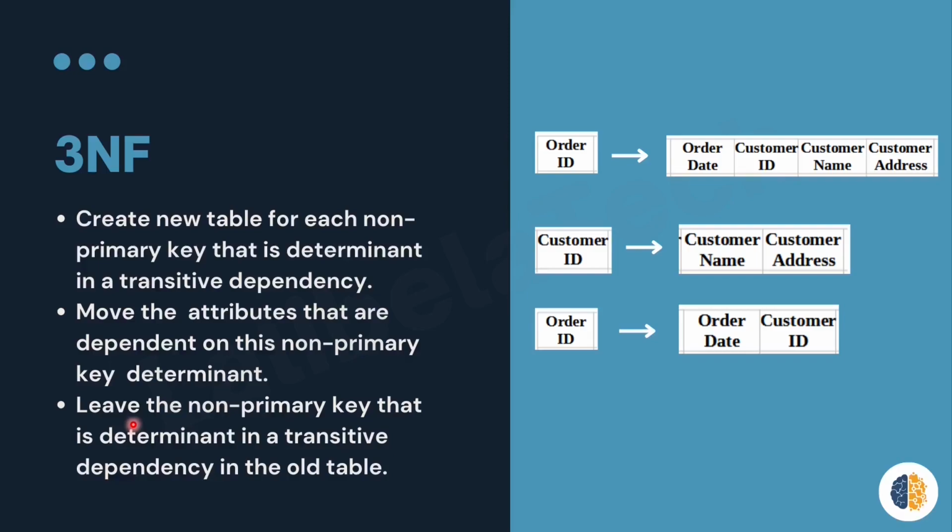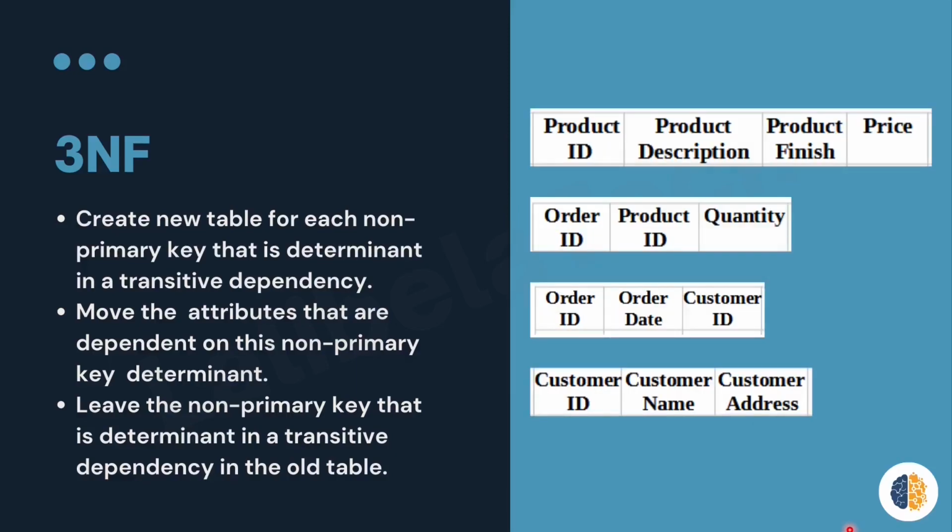The third step is to leave the non-primary key that is a determinant in a transitive dependency in the old table. It means that here we have to retain customer ID so that we can use it as a foreign key. Let us name this table the customer table, which means we divide this table into two tables.